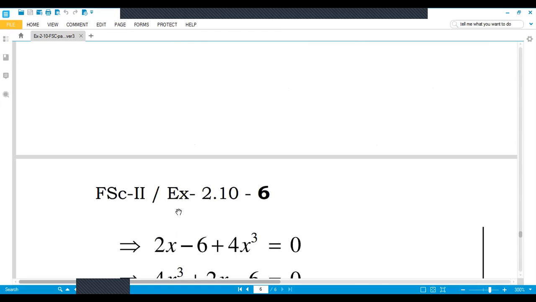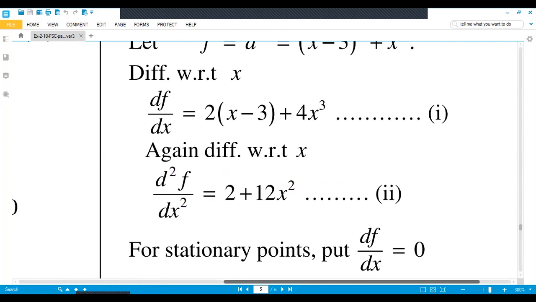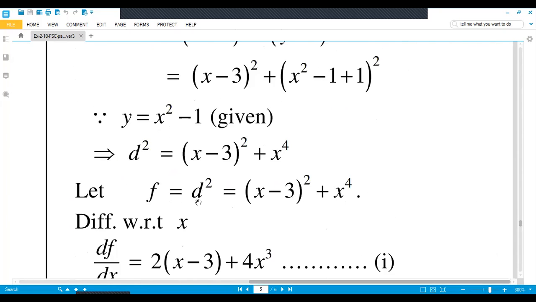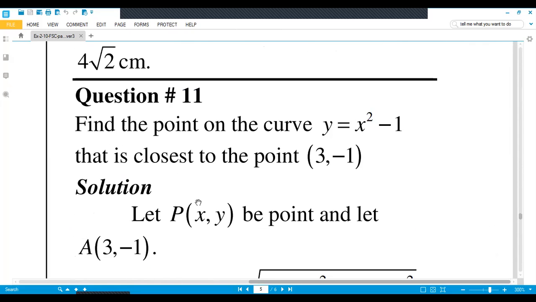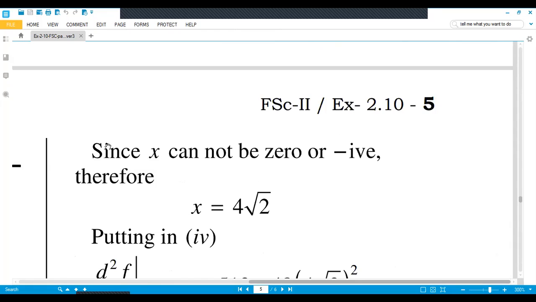These values we put in the second derivative. X cannot be 0 or negative because it is a length.